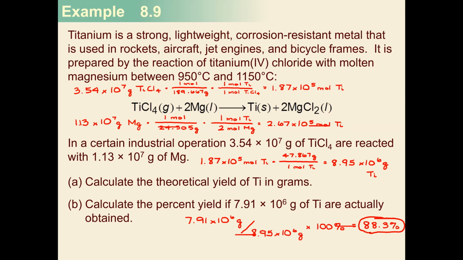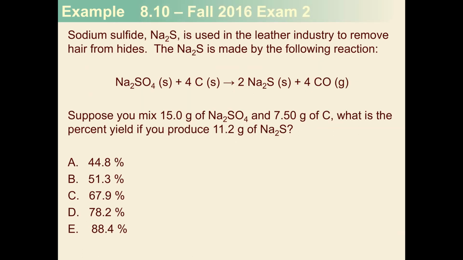Our final example comes from the fall of 2016 exam, and that is creating sodium sulfide. It's actually used in the leather industry to remove hair from hides so that you can make high quality leather. So we have our balanced chemical equation, and now you will see that I have 15.0 grams of my sodium sulfate and 7.5 grams of carbon.